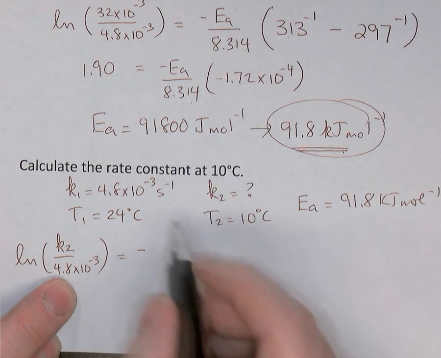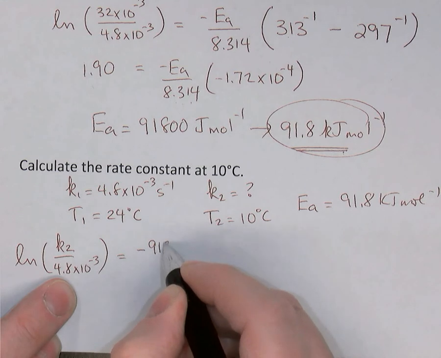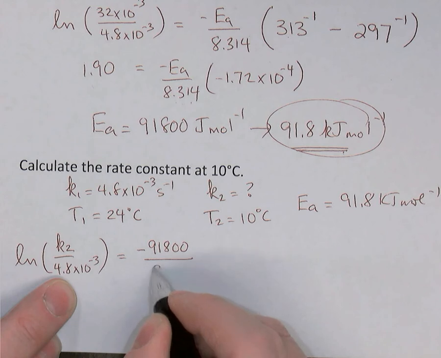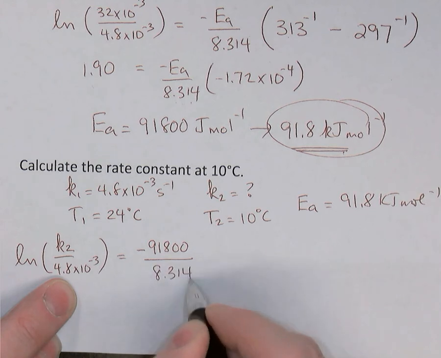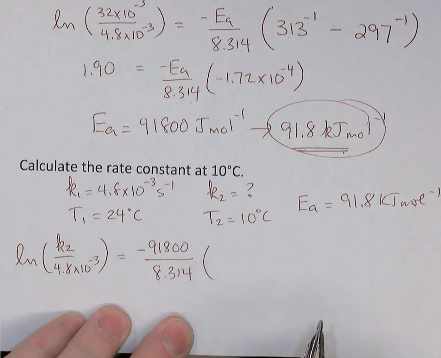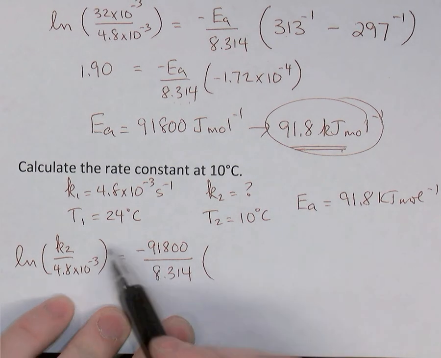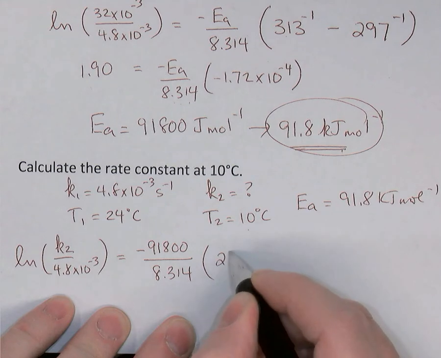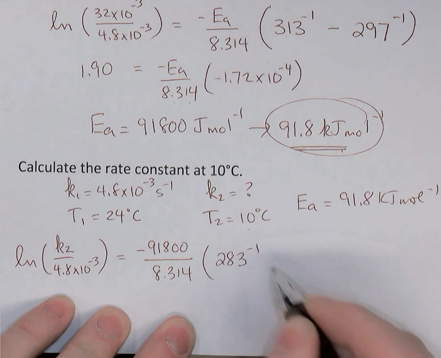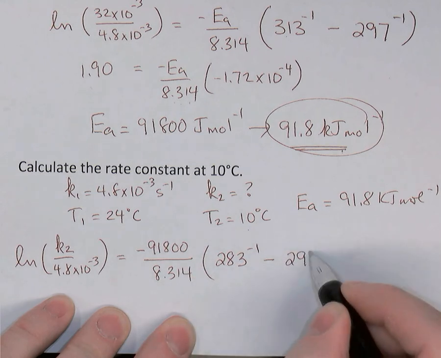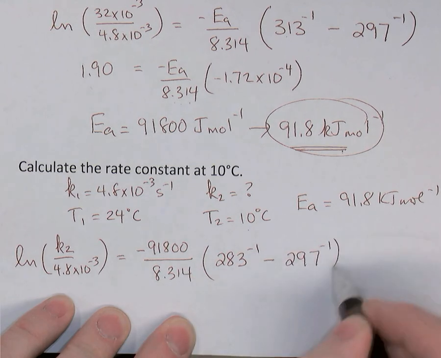So 91.8 becomes 91,800 joules per mole, divided by R, and then remember that the temperatures must be in Kelvin, so the T2 is 10 degrees, that's going to be 283 Kelvin reciprocal, minus T1, which was 297 Kelvin reciprocal.